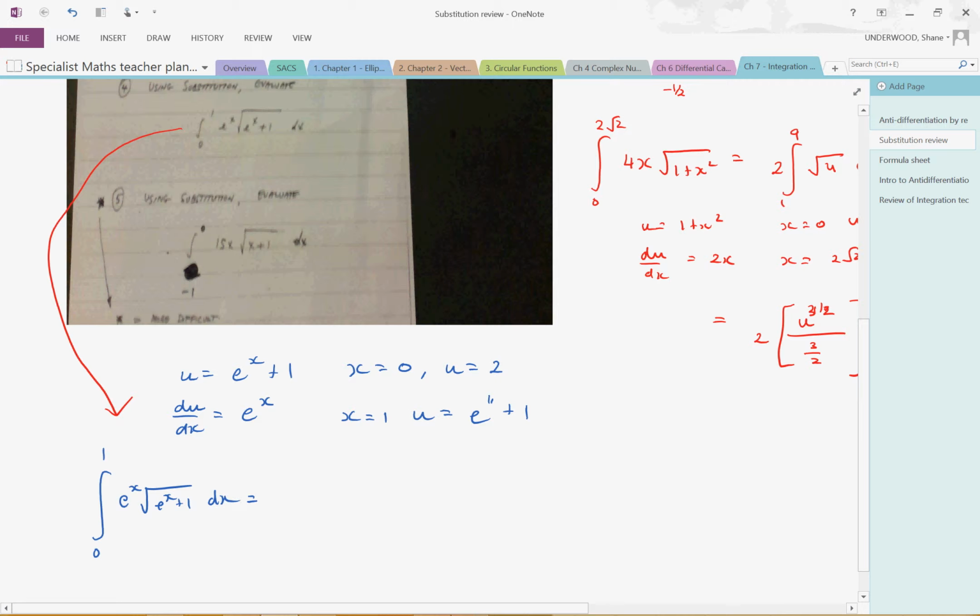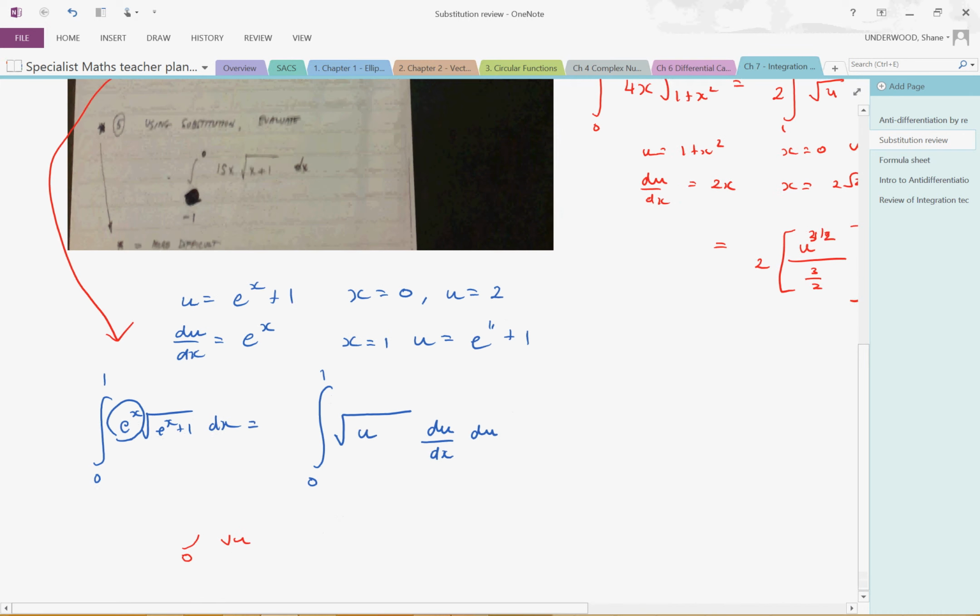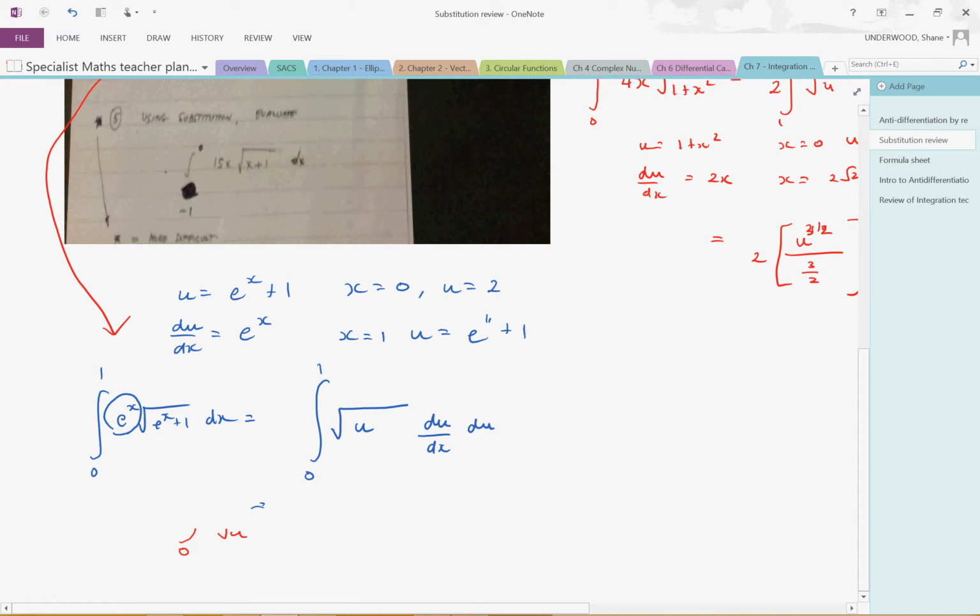is now equal to du dx. That's du dx now, so that's okay. We're going to have the square root of u du dx du, and never change the terminals until you make this cancellation. Okay, so that's dx, sorry. So make that cancellation.